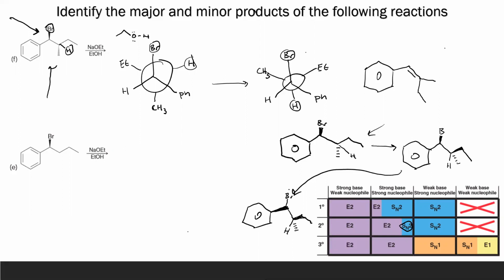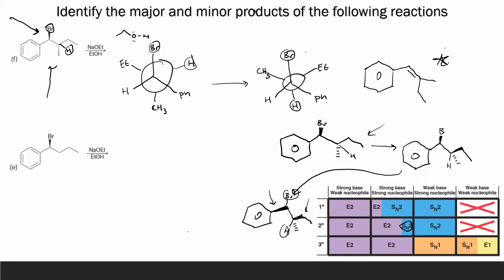So now essentially you've got the bromine and hydrogen in the same plane. And so that's another way to do it. And you can see that this guy and this guy are both on the same side of the molecule, which would give you the exact same product.